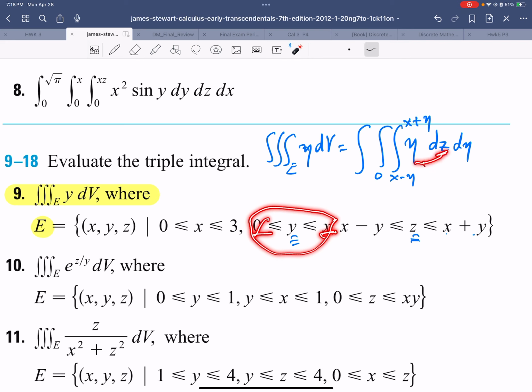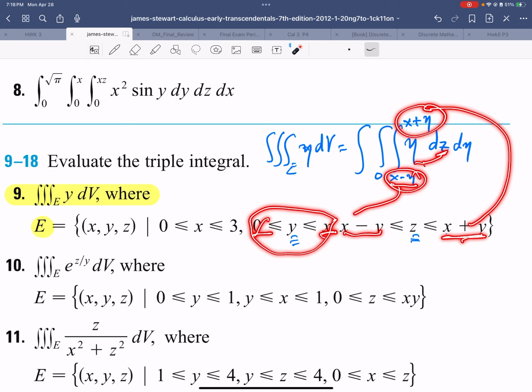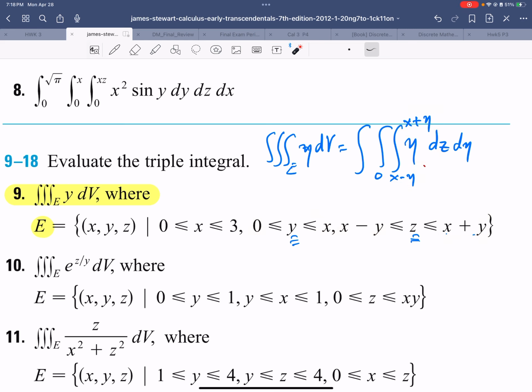Z is between x minus y, right here, and x plus y, right here. So here I will have 0 and x. And then for x, I will have 0 and 3.